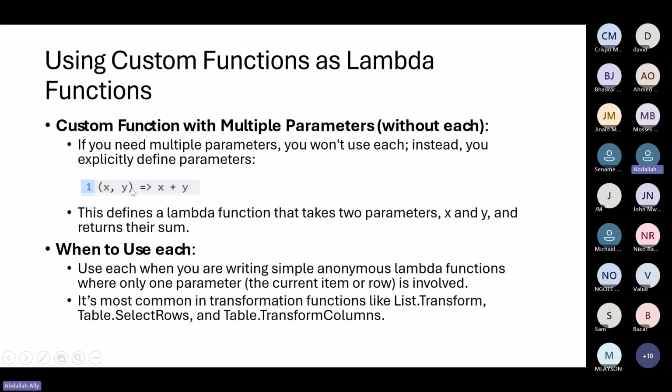You can use p and q, r and s, m and n, u and v. Any variable name can be used. The idea of using each is when you are writing a very simple anonymous function with only one parameter. If you have multiple parameters, you use different variables and you will not be using each.